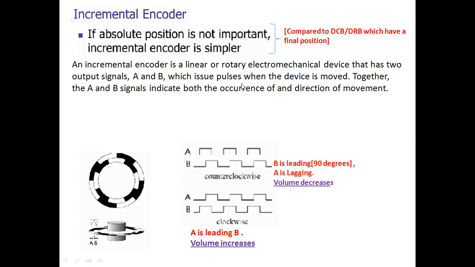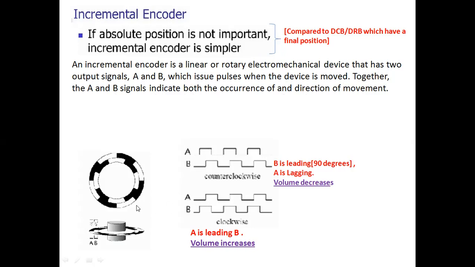It issues pulses when the device is moved. The A and B signals indicate both the occurrence and the direction of the movement. If the knob is rotated clockwise, A will be leading the B signal by 90 degrees.